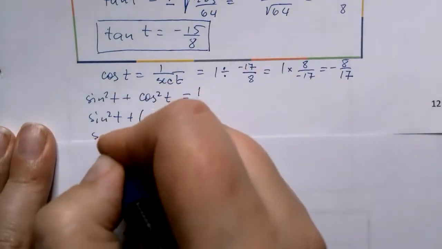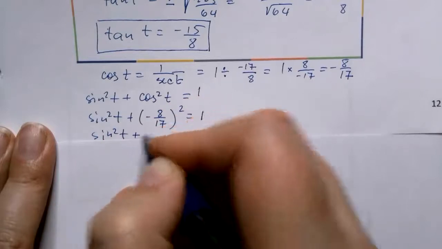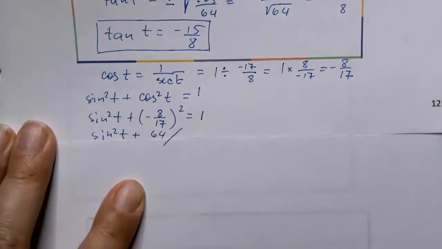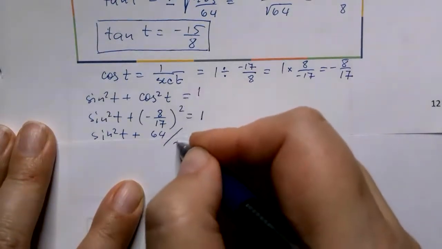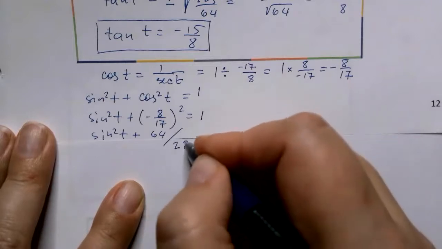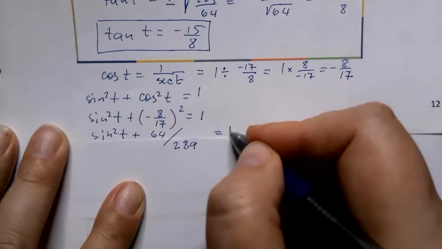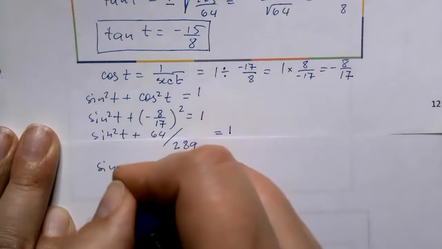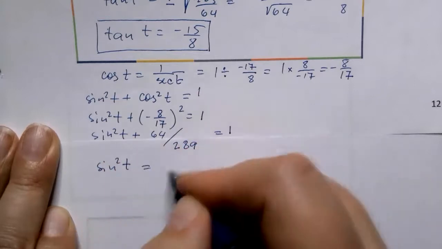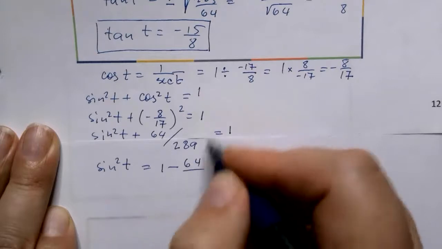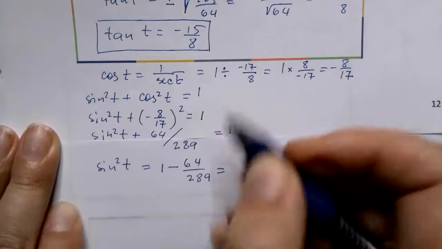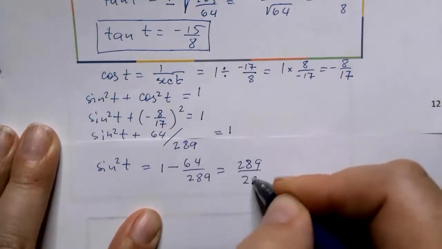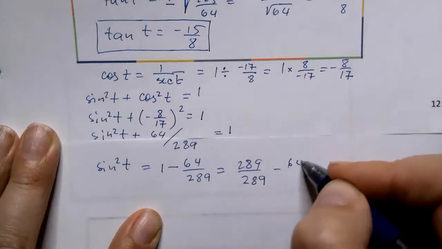And 17 squared is 289, equals 1. So sine squared t is 1 minus 64 over 289, and I'm going to rewrite 1 as 289 over 289 minus 64.